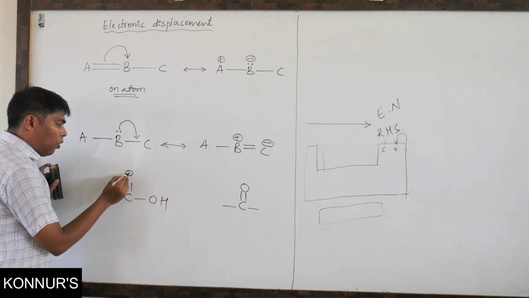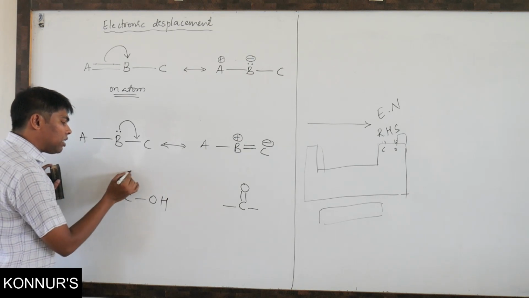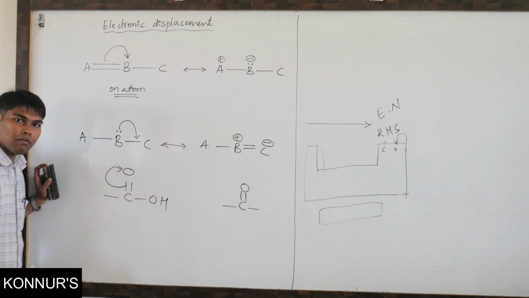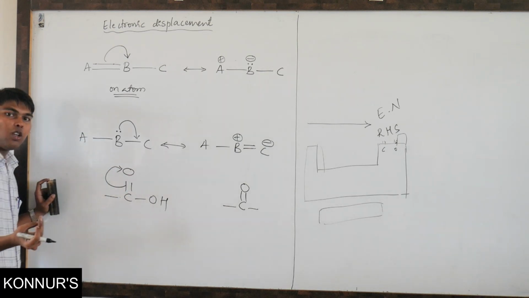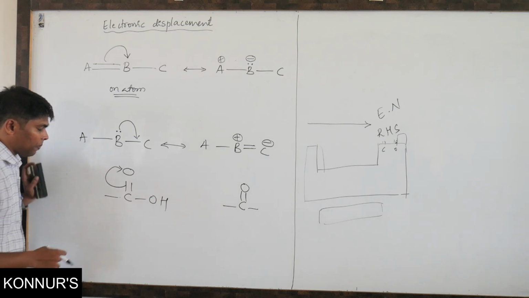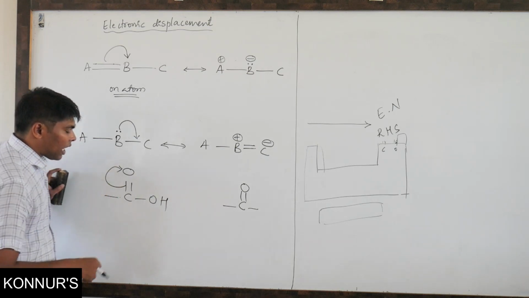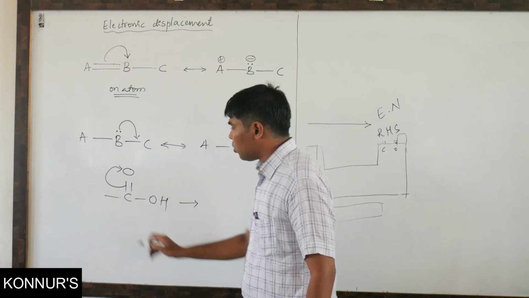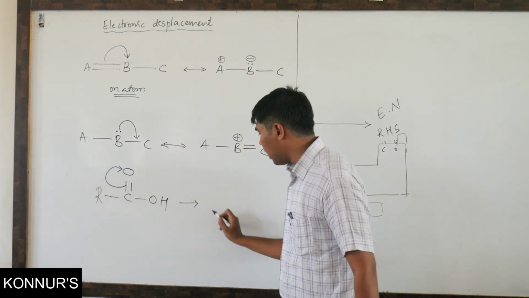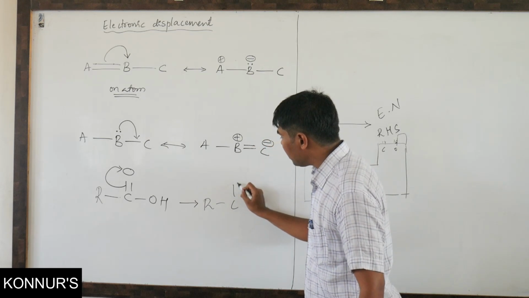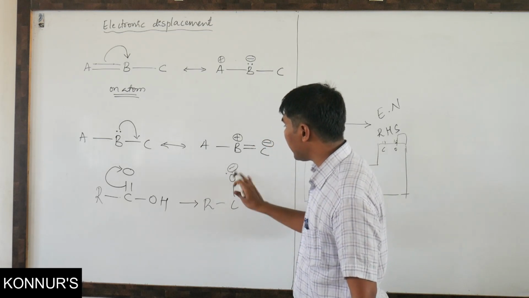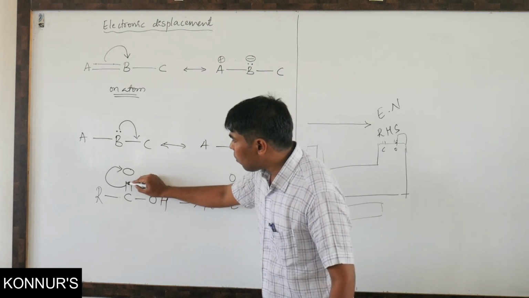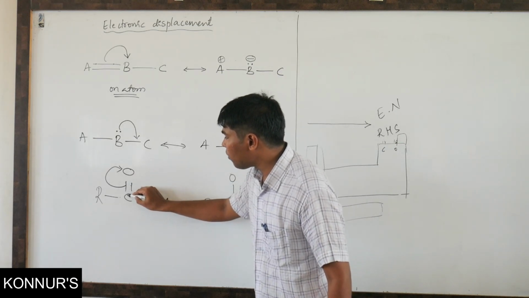A more electronegative element has a tendency to attract the bonded pair, or the electrons. If the bonded pair is attracted towards that atom, then in the general formula R, C, the single bond remains and O gets a negative charge. One electron is from oxygen, another electron is from carbon.